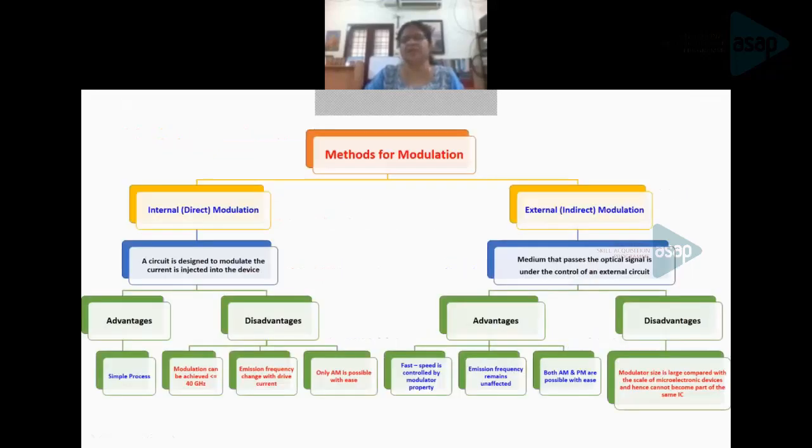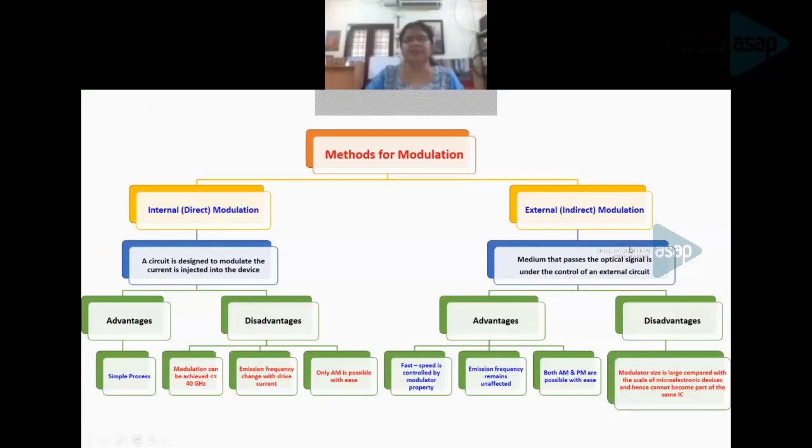Now, methods for modulation. Modulation can be achieved in two different ways: one is internal modulation, and the other is external modulation. Internal modulation is also known as direct modulation. External modulation is also known as indirect modulation.